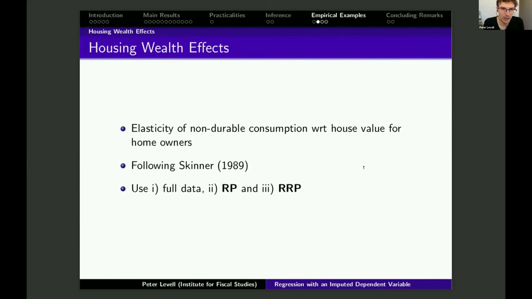We're going to use this to regress consumption on house values for homeowners, to measure the effect of increases in housing wealth on consumption. This follows a paper by Skinner in 1989, a similar approach. As I said, we're going to look at three cases: using full data, using regression prediction, and using the rescaled regression prediction procedure that we recommend.